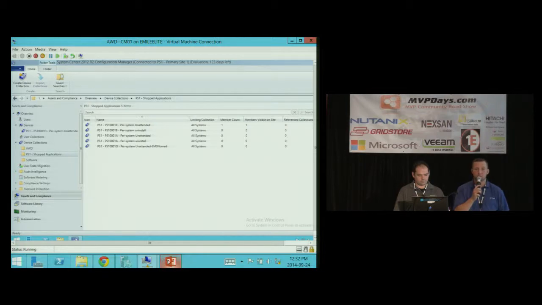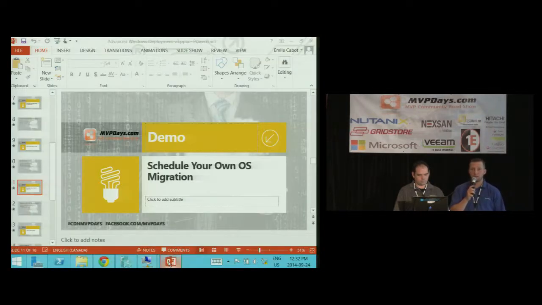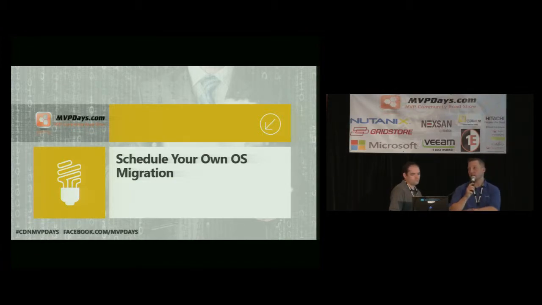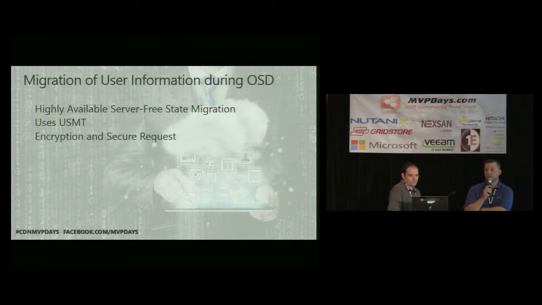As long as that application was in an approval state, it's going to get dropped in there. Likewise, if you went to uninstall software, it would remove the machine from the install collection and place it into an uninstall collection and then run the uninstaller against it. Very, very cool.